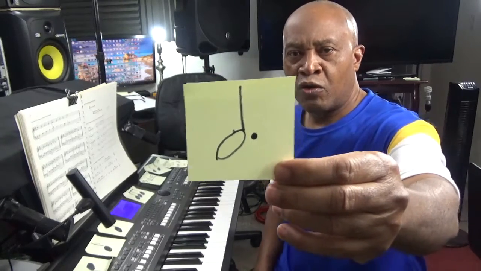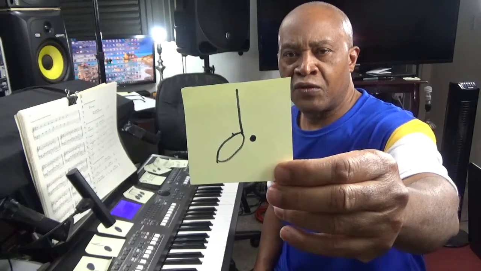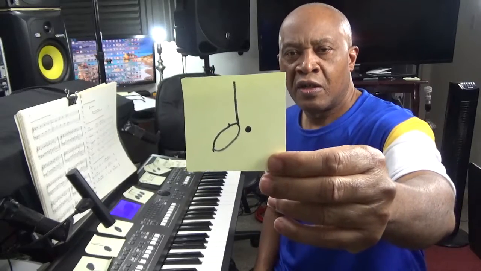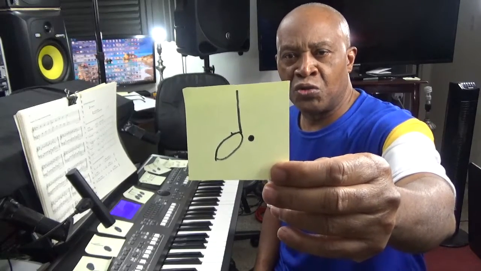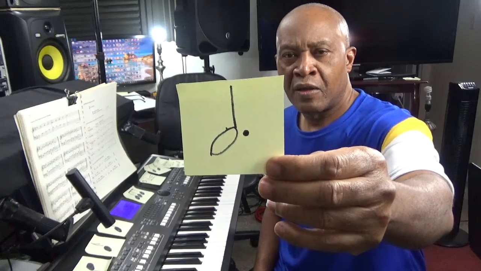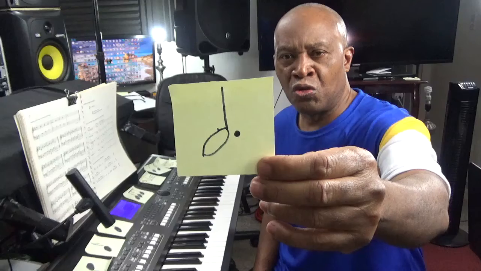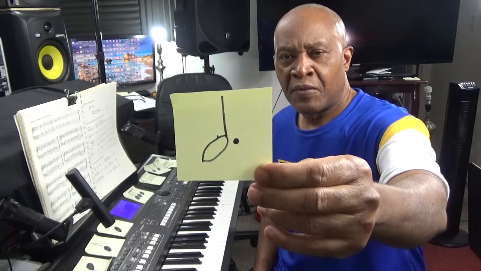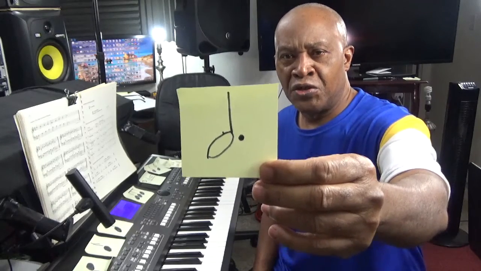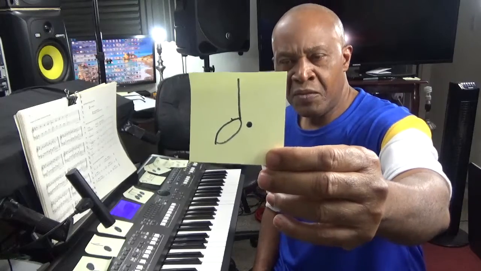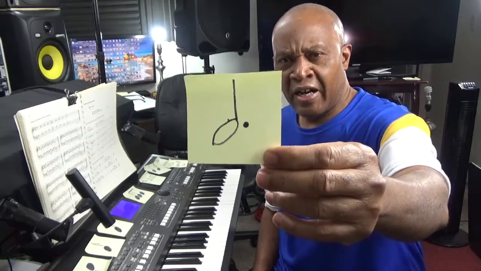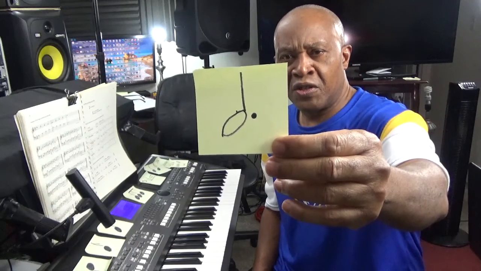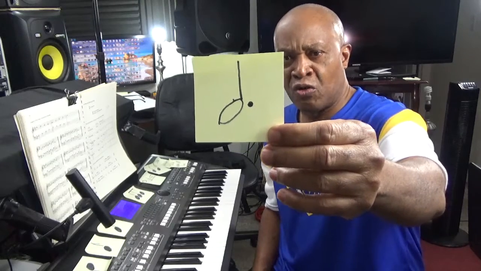Okay, what we know, a dotted half note is equal, well, let's take a half note first. A half note is equal to 2 quarter notes. Now, with the dot, the duration of this note is increased by half, which is another quarter note.